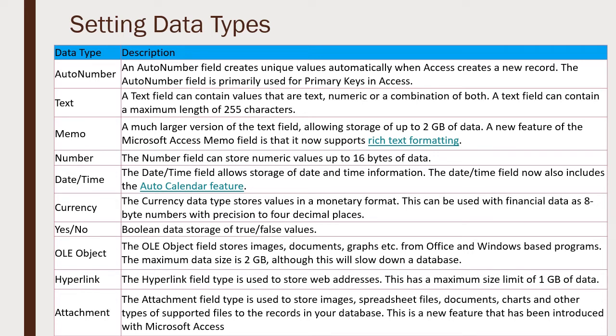The text field can contain values that are text, numeric, or a combination of both. For example, you can use it for your name. You can also use it for the address, because in the address sometimes we need to give some numerical value also, but there we can't do calculations. You can't add or subtract.